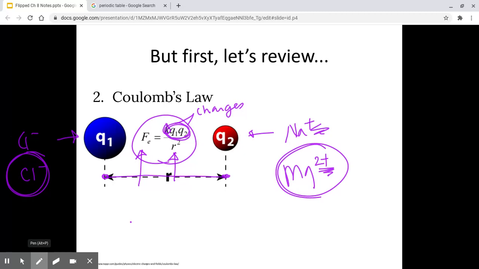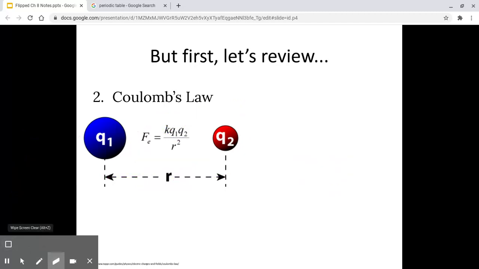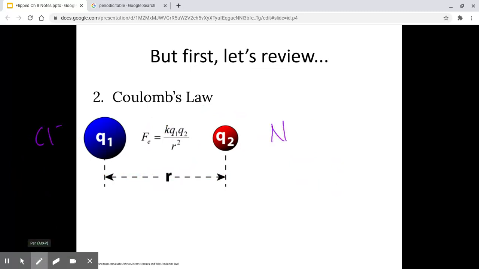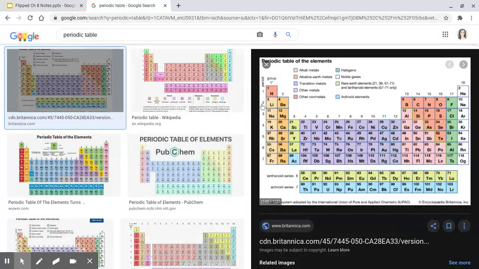And so again, this R is going to have an impact on the energy of attraction or the energy of repulsion. And we can look at this too if we compare, let's say we'll compare to chlorine again, and we'll use sodium again. Let's look at the periodic table real fast.